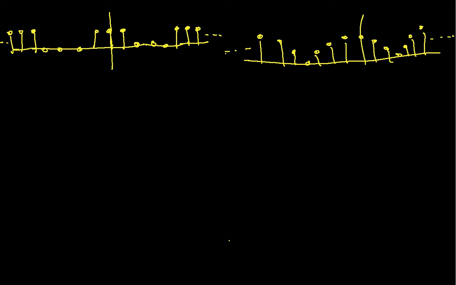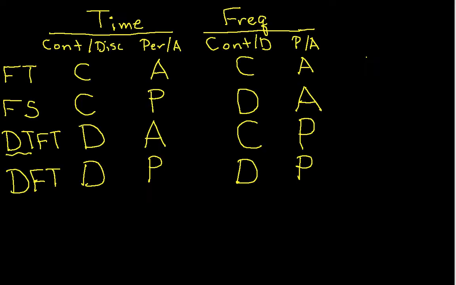We'll go back to the table just to summarize. So you'll notice, again in summary, if a signal in the time domain is continuous and aperiodic, then in the frequency domain its representation is continuous and aperiodic. A signal that is discrete and periodic is discrete and periodic in both domains.